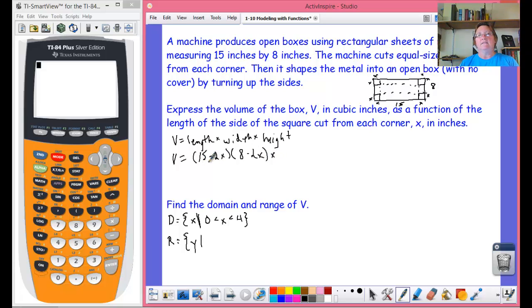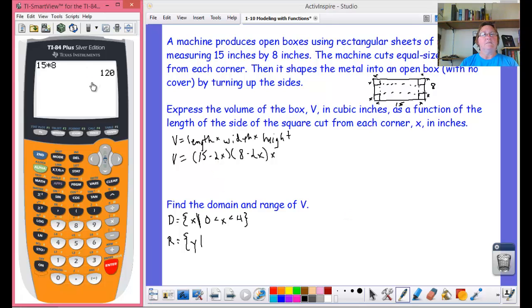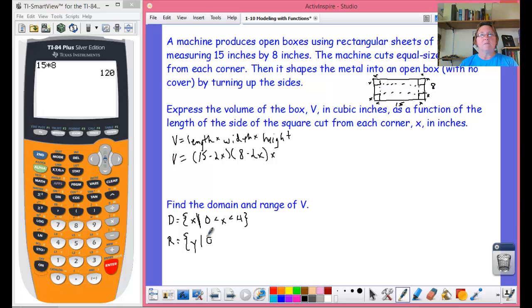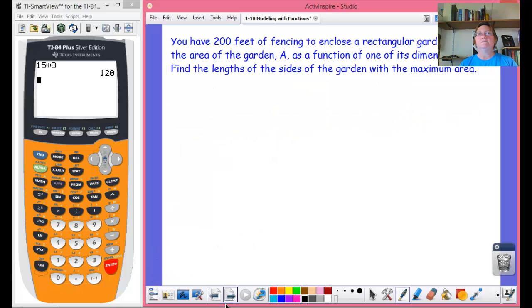So technically, the highest volume that you could get would be 15 times 8, and 15 times 8 is 120. That means that our range is somewhere between 0 and 120 cubic inches. Okay, interesting problem. Drawing helps. Let's look at our last one.